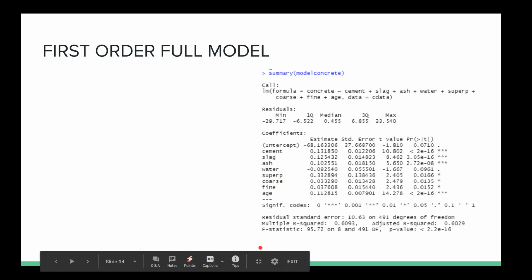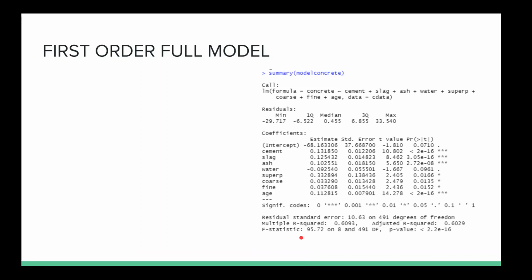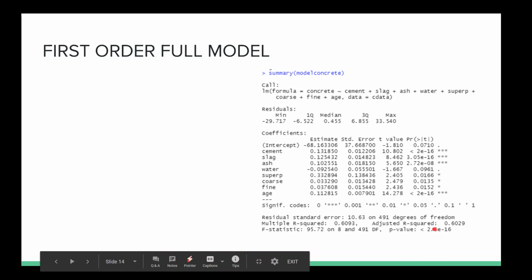Immediately looking at the F-test statistic, we can make a conclusion that at a significance level of alpha equals 0.05, at least some of the variables have a large linear impact on the response variable. We also need to take notice that the adjusted R-square value needs to be corrected to be higher. It is currently at 0.6029.